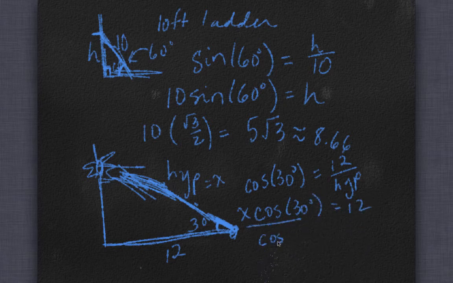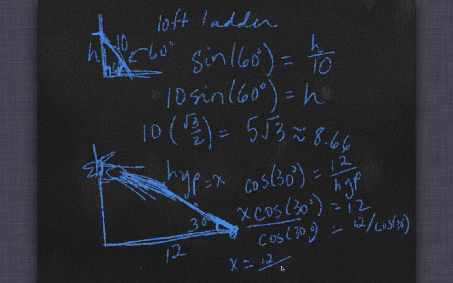So dividing by cosine 30, we get 12 divided by cosine 30. Cosine 30 is also the square root of 3 over 2.